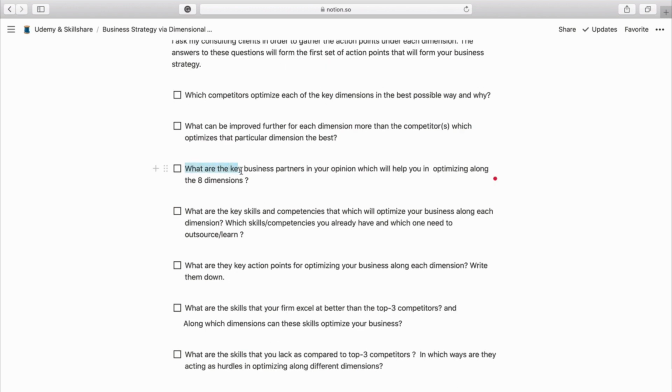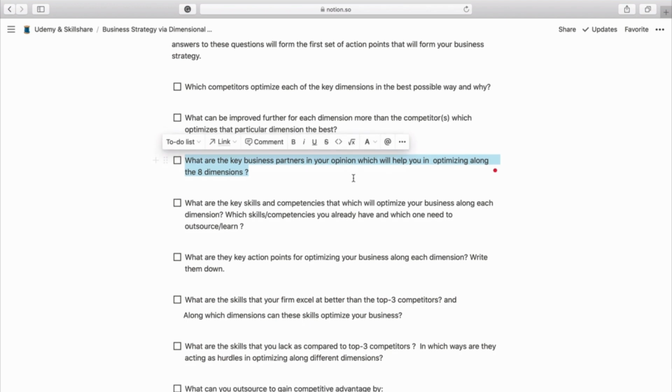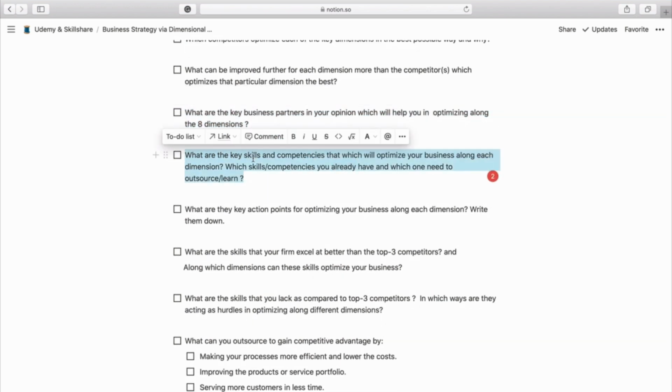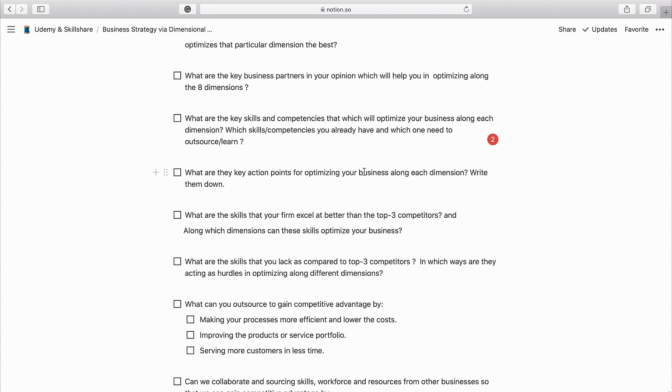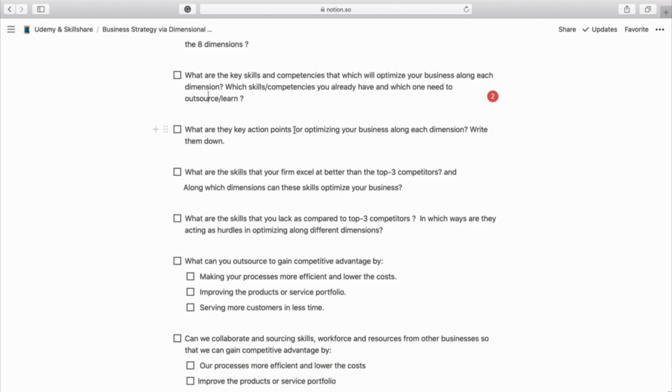What are the key business partners in your opinion which will help you in optimizing along the 8 dimensions? What are the key skills and competences that will optimize your business along each dimension? Which skills and competences do you already have and which need to be outsourced and learned? What are the key action points for optimizing your business along each dimension?